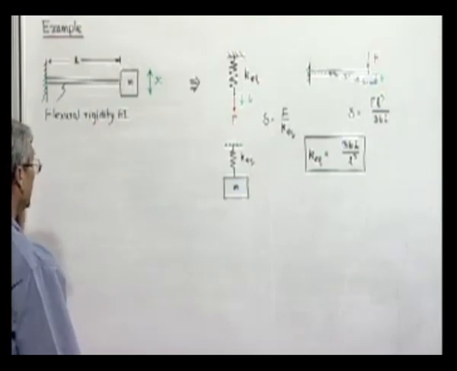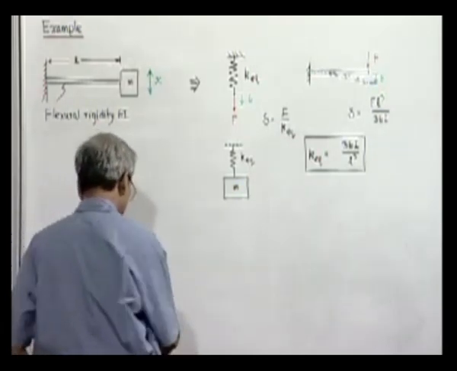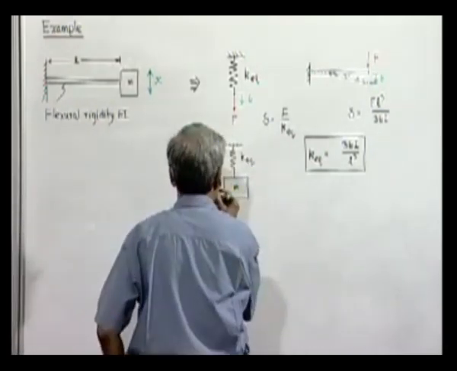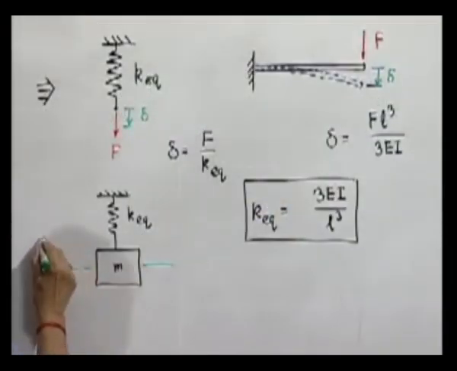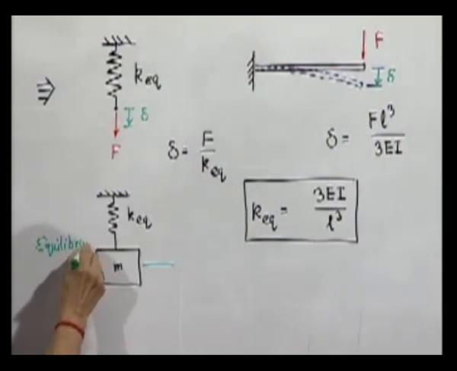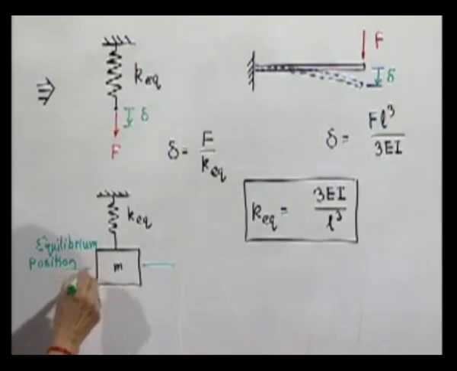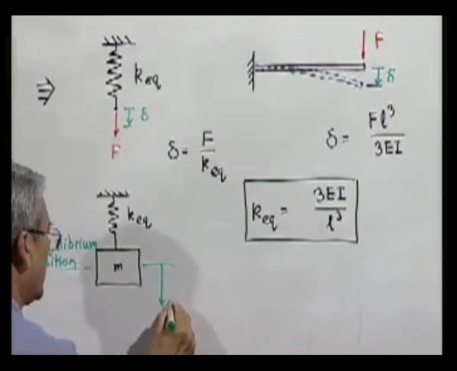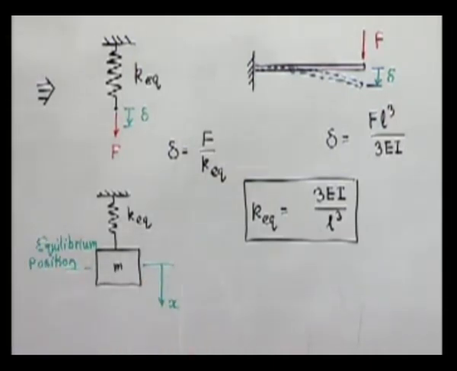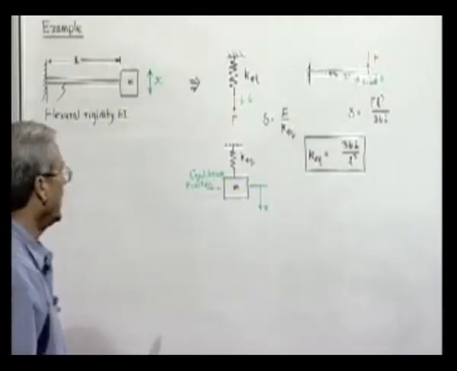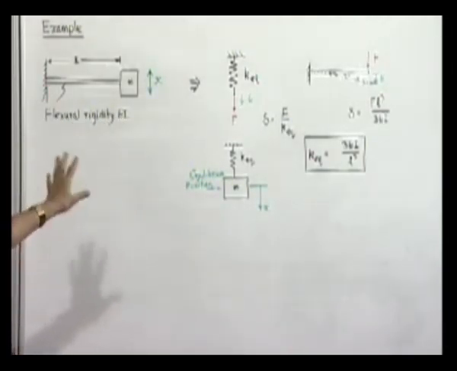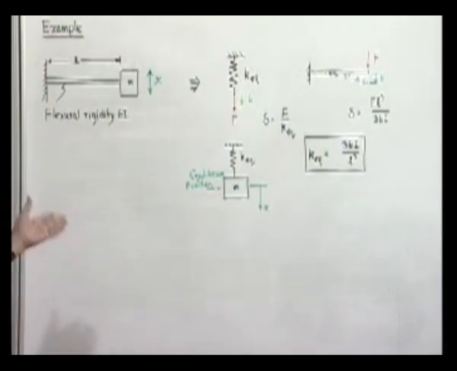Now we have seen the equation of motion. This is the equilibrium position, and we measure x from here. We should remember our previous analysis and recognize the fact that we don't have to consider gravity anymore, because we are measuring the displacement from the equilibrium which was under the action of gravity.